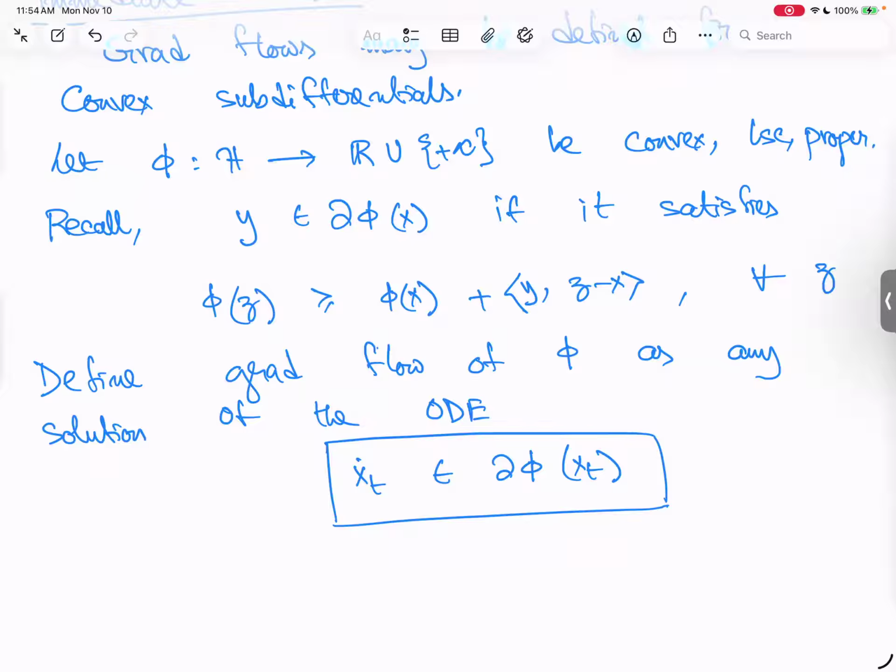The fact is, if phi is convex, lower semi-continuous, proper, the implicit Euler scheme will converge and will give you a solution of this ODE.